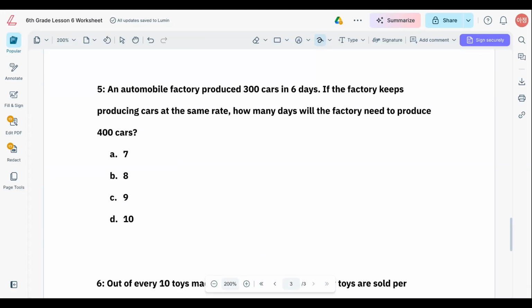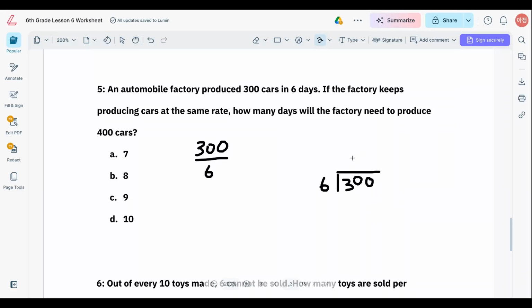Okay, now number 5. An automobile factory produced 300 cars in 6 days. If the factory keeps producing cars at the same rate, how many days will the factory need to produce 400 cars? So 300 cars in 6 days. Let's simplify that since 300 is divisible by 6. So 300 divided by 6, we'll just show work on the side.